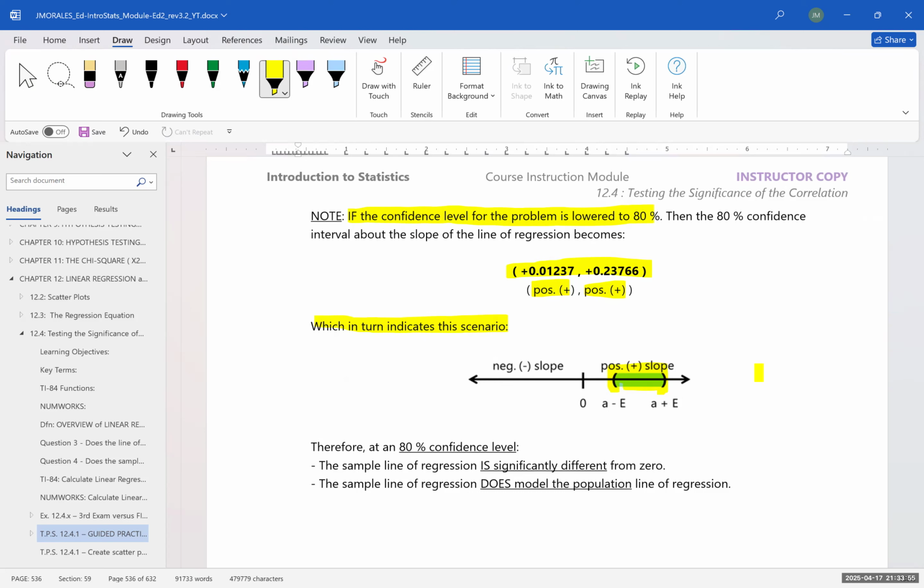Therefore, at an 80% confidence level, the sample line of regression is significantly different from 0, and the sample line of regression does model the population line of regression, but you have to stipulate to an 80% confidence level. And that may be too low for what you really want.